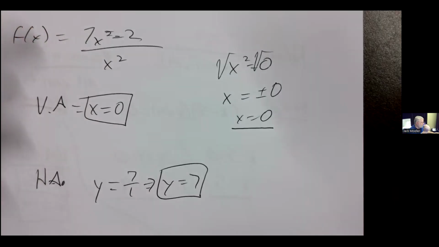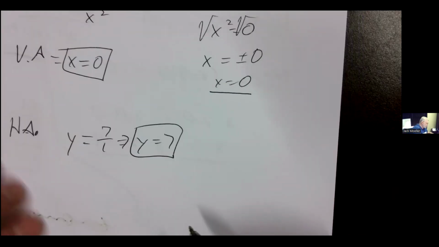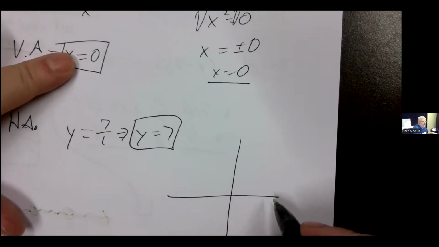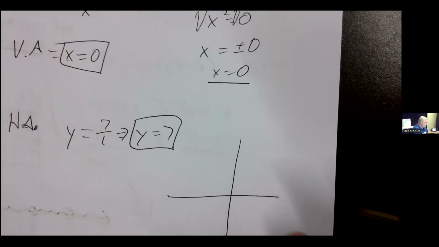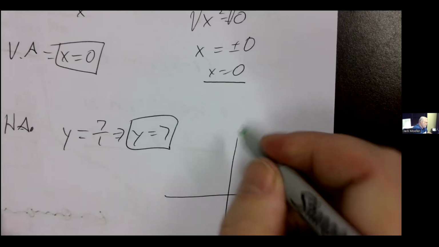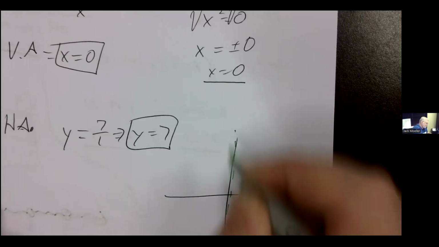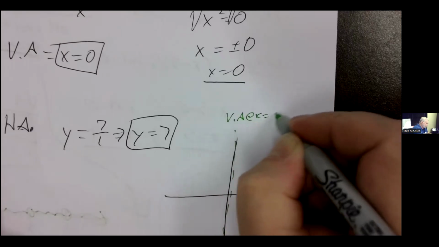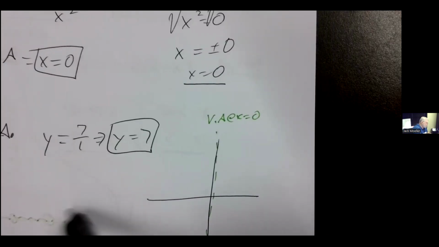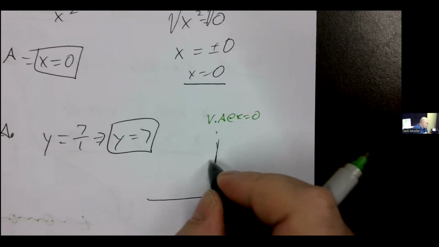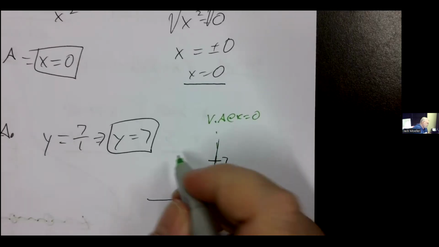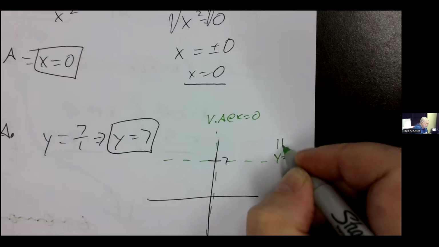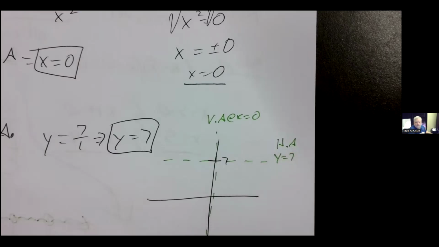All right. So to get the graph, here's what I would do: I have a vertical asymptote x equals 0. So at x equals 0, do a dashed vertical line. There's your vertical asymptote. And then do the same for your horizontal asymptote. So y equals 7. In the horizontal asymptote.